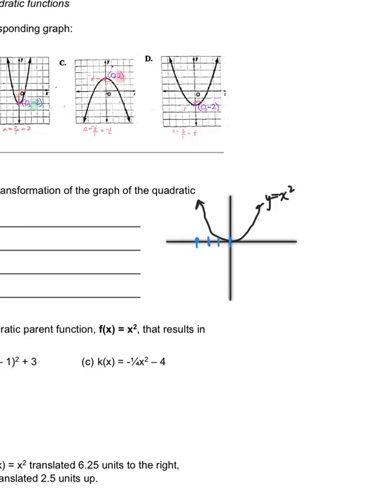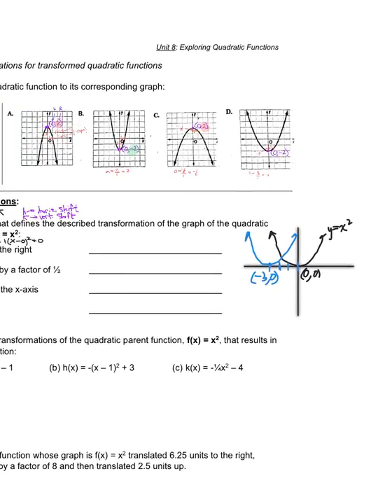So new point. My vertex originally was 0, 0. Now it's going to be negative 3, 0. I can't even speak anymore. Negative 3, 0. All right, so just knowing that information allows us to redefine the equation of the graph.